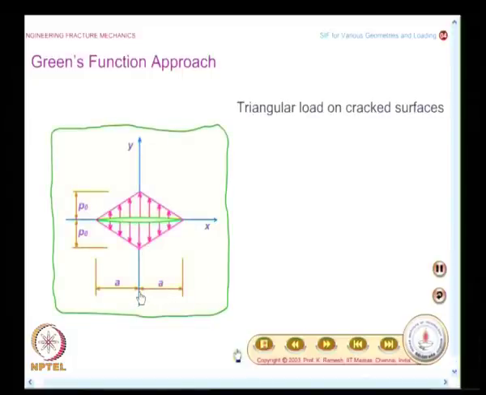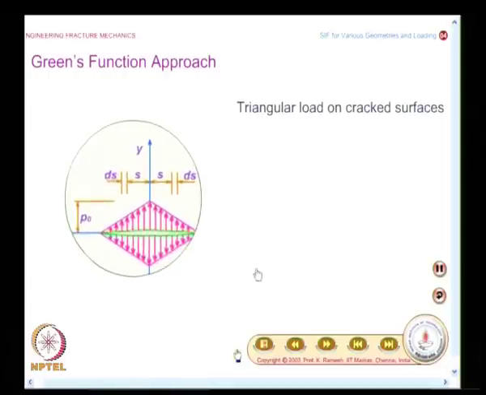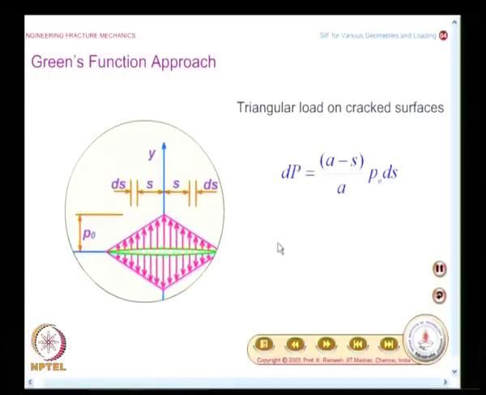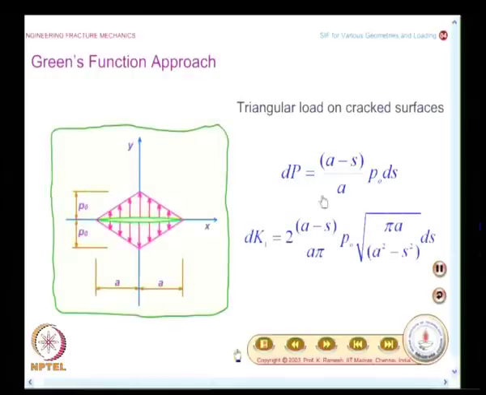I have a crack length of a, and it is possible for you to write dP equal to (a minus s) divided by a, multiplied by p naught. This would be the pressure at any point at a distance a minus s, and by looking at the expression which we had for the symmetric load, I could write this.